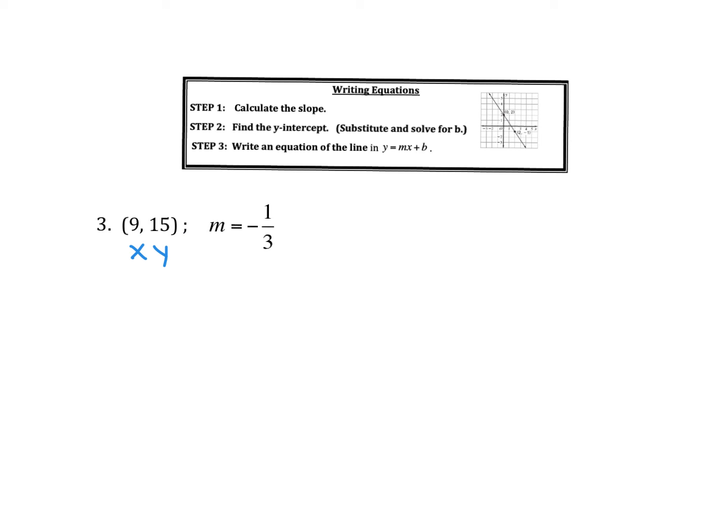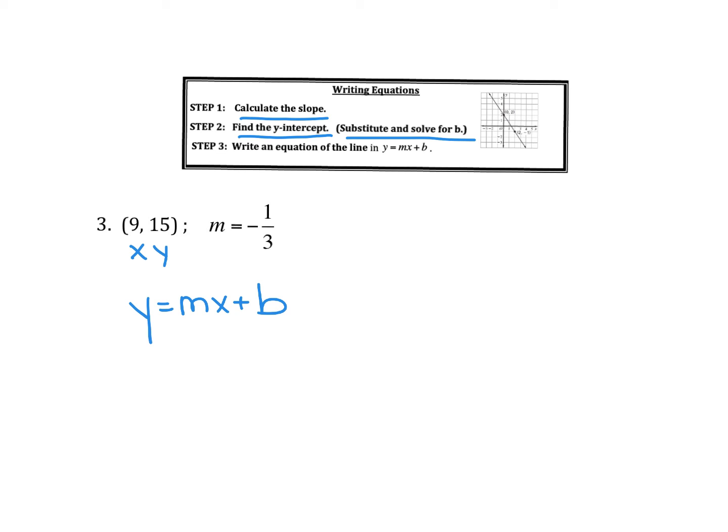All right, so our last one, we have a point of (9, 15), and then we have a slope of -1/3. So we already have our slope, but then we are going to find the y-intercept by substituting and solving for b. Again, I like to always start with y is equal to mx plus b. If you get stuck on something, writing equations, or whenever it's linear, just go right back to y is equal to mx plus b.